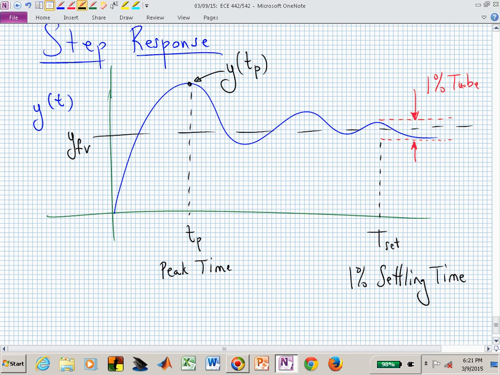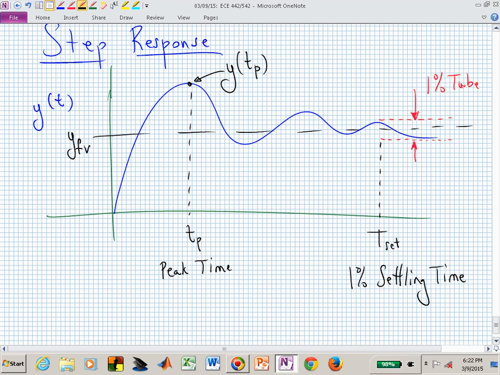It will generate this step response, and once we have this step response, we can identify all of these points. We can identify where it finally goes to, its final value. We can identify when it gets within 1% of that final value and never leaves. That will be our 1% settling time, capital T settle. We can identify the value where it reaches its maximum, that's y of T sub p, and we can identify when it reaches y of T sub p, and that's our peak time, T sub p.